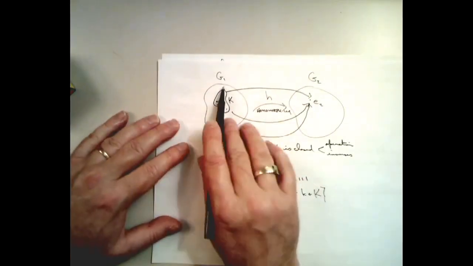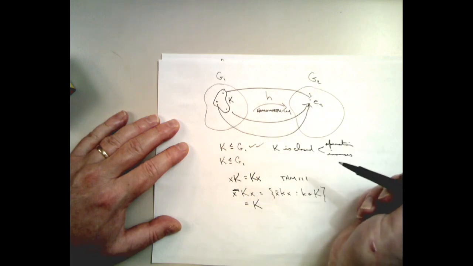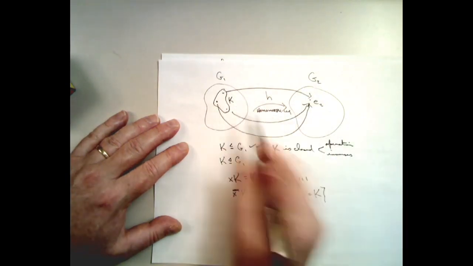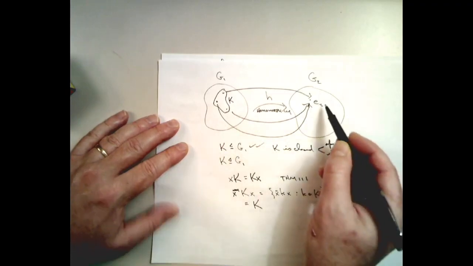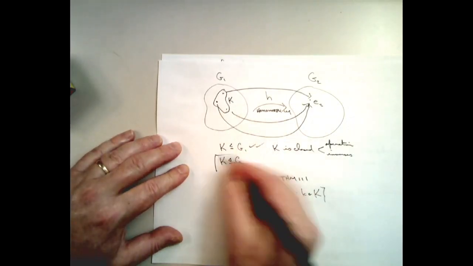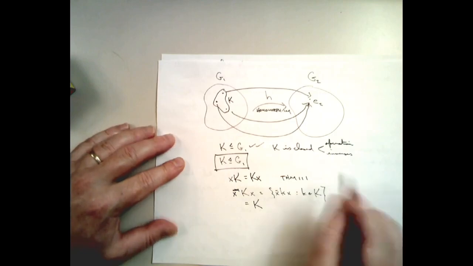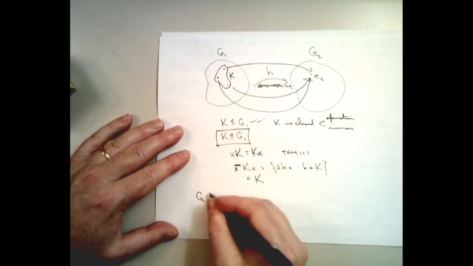So if G1 and G2 are groups, and H is a homomorphism between them, and we look at the set of elements that get mapped to the identity element of G2, then this set turns out to be a normal subgroup of G1.